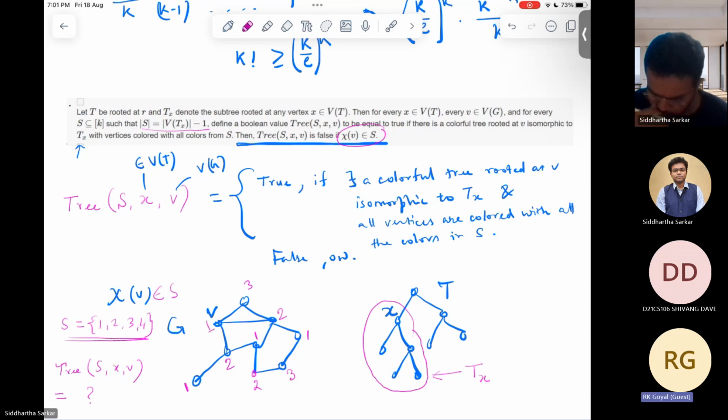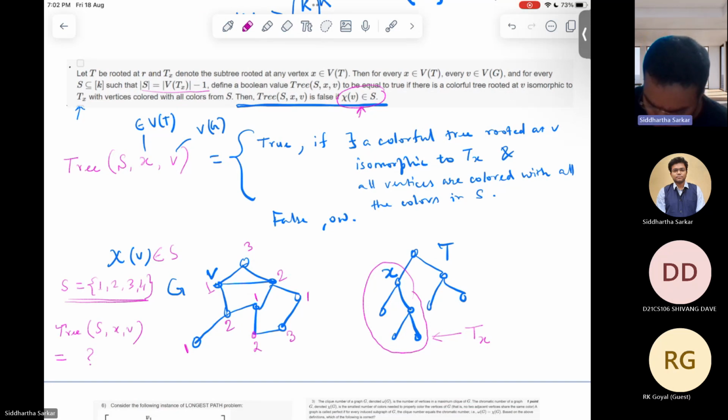So clearly V would be colored with one of the colors in S, so every time this Boolean expression will result in a false value. Correct. As you have rightly observed, because we have already taken the color in S, we are left with one less color. I will make it more formal.